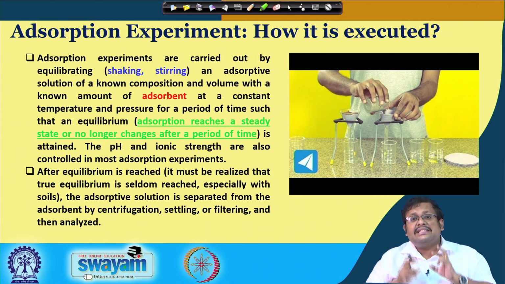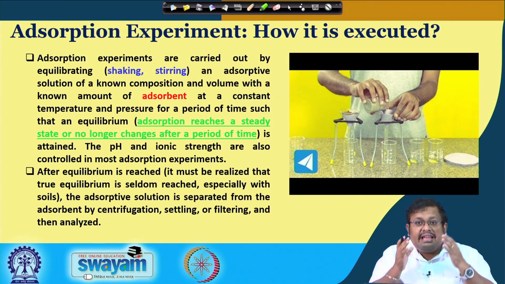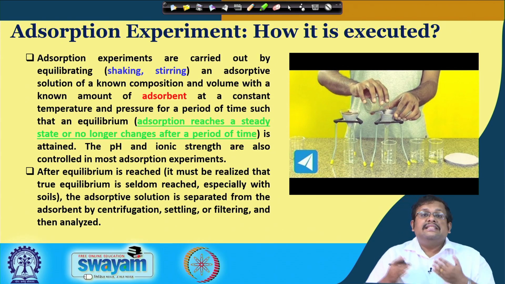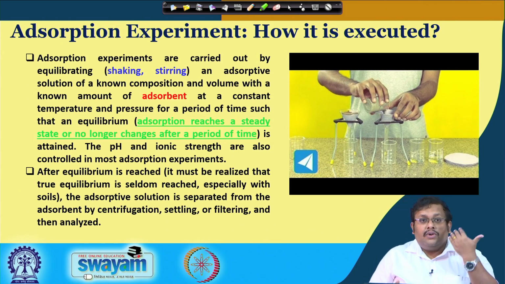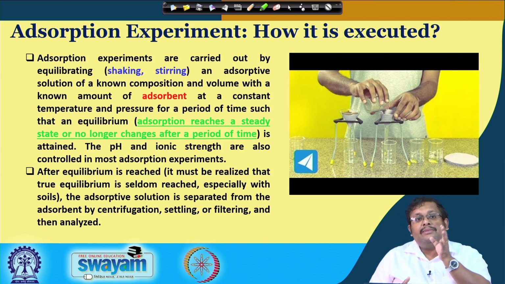We stir or shake it for a sufficient amount of time to attain equilibrium. At equilibrium, the adsorption reaches a steady state and no longer changes after a period of time.